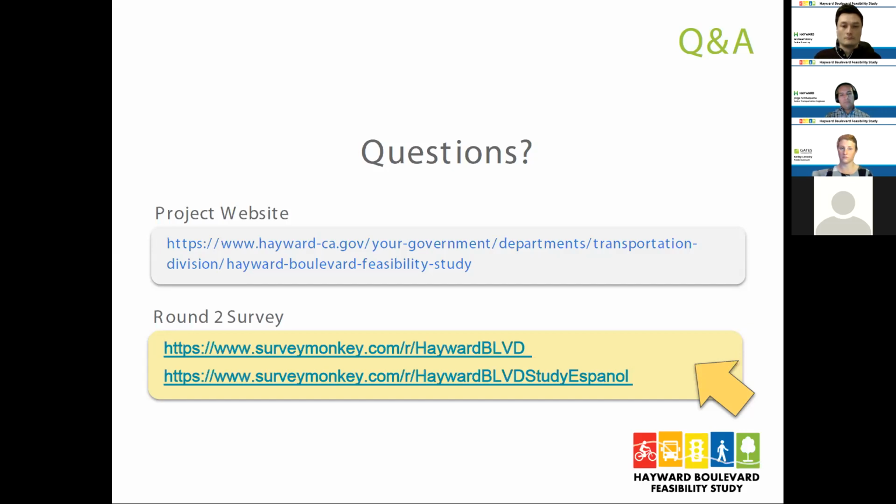I don't know how this survey was conducted, but I definitely oppose reducing Hayward Boulevard from 2 lanes to 1 in either direction. And so I like your comment about the musculature of bicyclists who would be using this corridor on a regular basis or even an irregular basis.